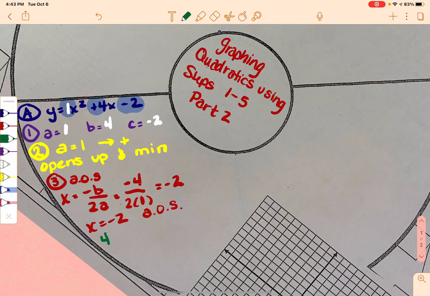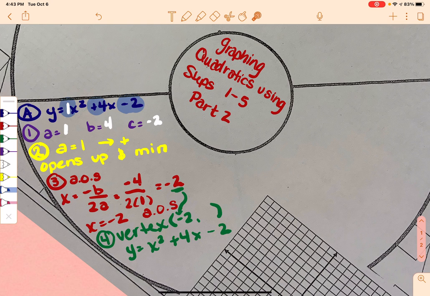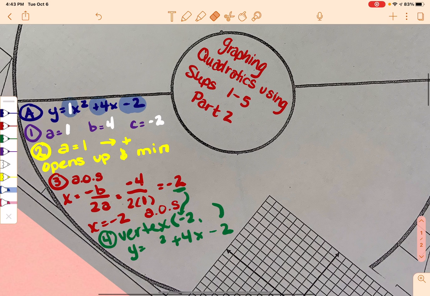Okay, so for step 4, we've got to find our vertex. And this number is my x value, so I just need to find the y. So to find that, I have to take the equation they gave me and wherever there's an x, I'm going to put negative 2 in for it. So this is going to go away. It's going to be negative 2.